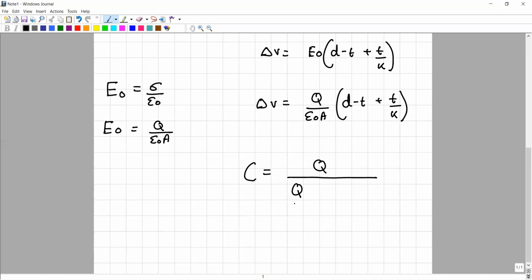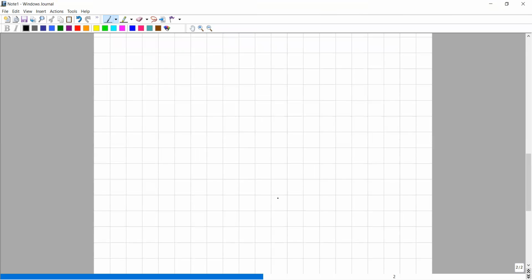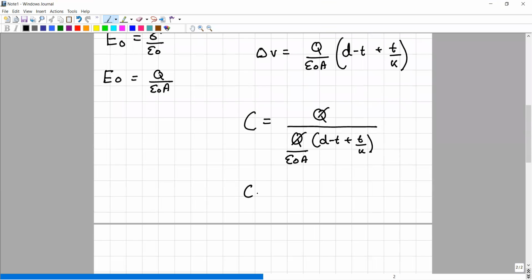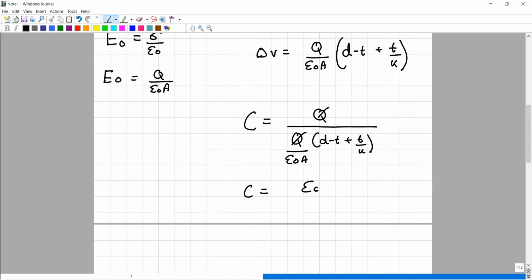So it will become Q by epsilon naught A, into D minus T plus T over K. So this Q will cancel and this will come on the numerator. So you are going to get C is equal to epsilon naught A divided by D minus T plus T over K. Okay, pretty simple.